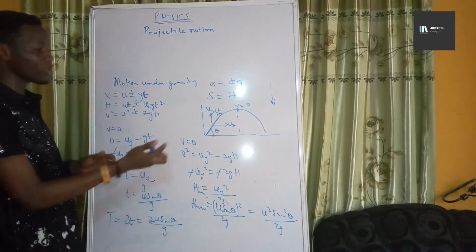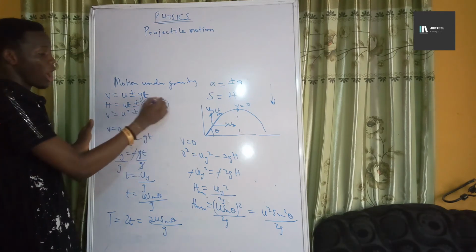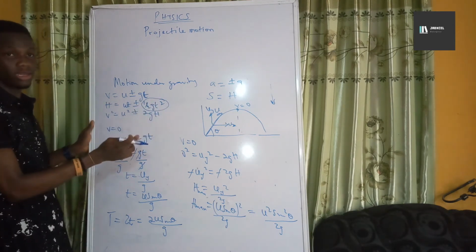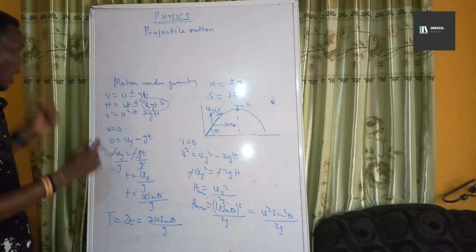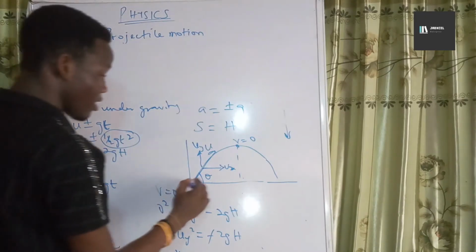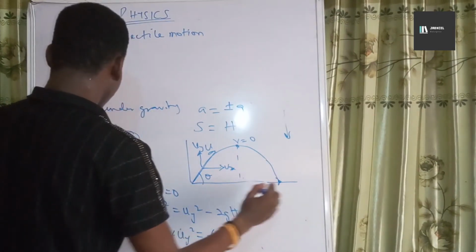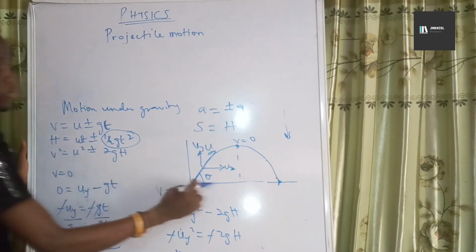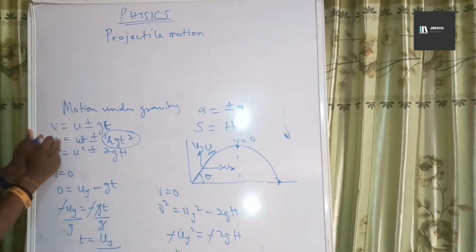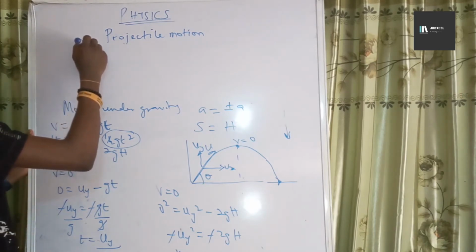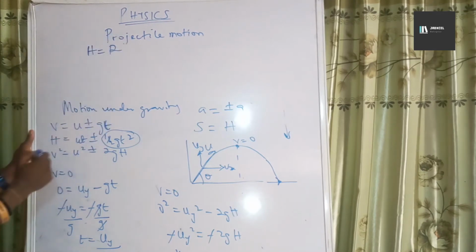That's done. Now the last one, we deal with our range. First thing first, our range is called the horizontal distance, right? So since it is the horizontal distance, our g here is not required. And we need to know that our range is from here to here. So the total time taken for our range is the time of flight multiplied by our horizontal velocity.